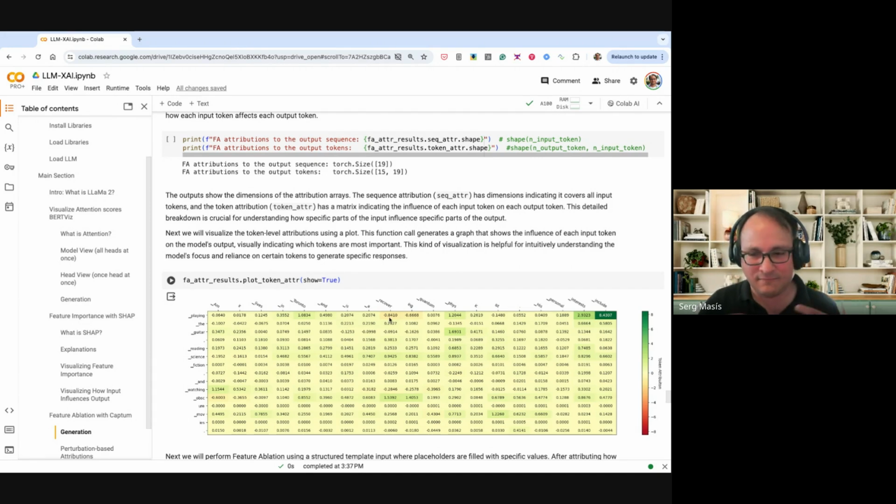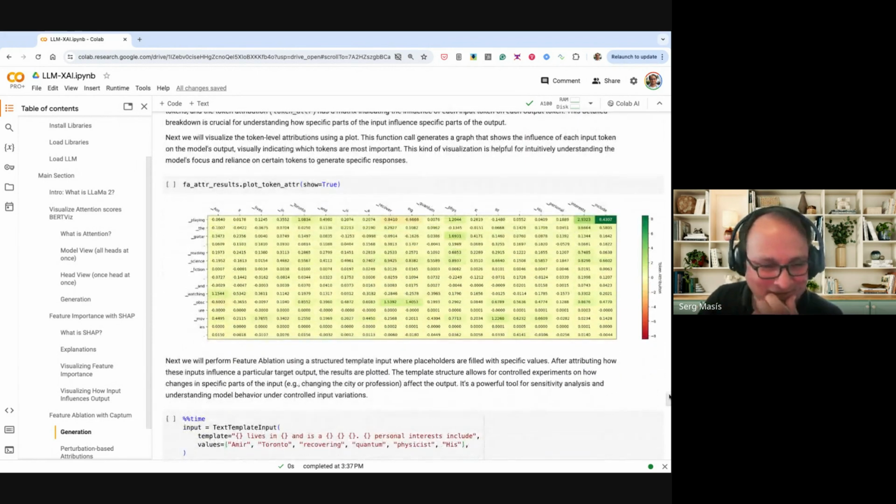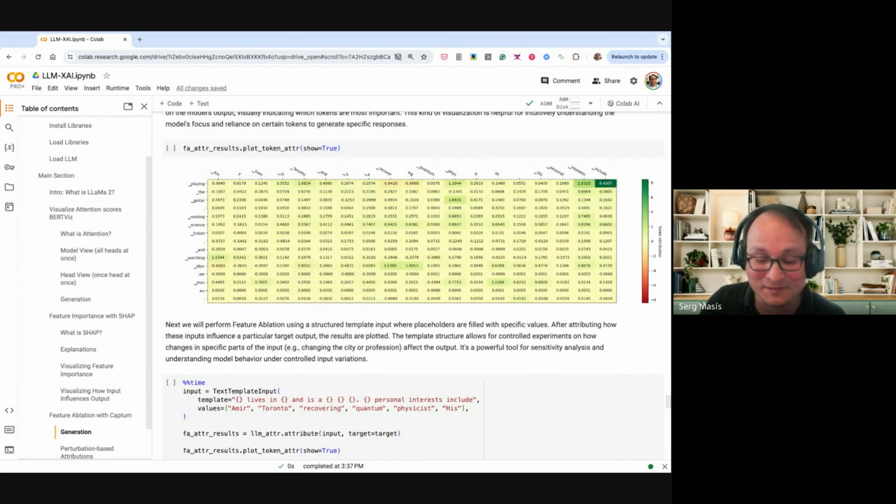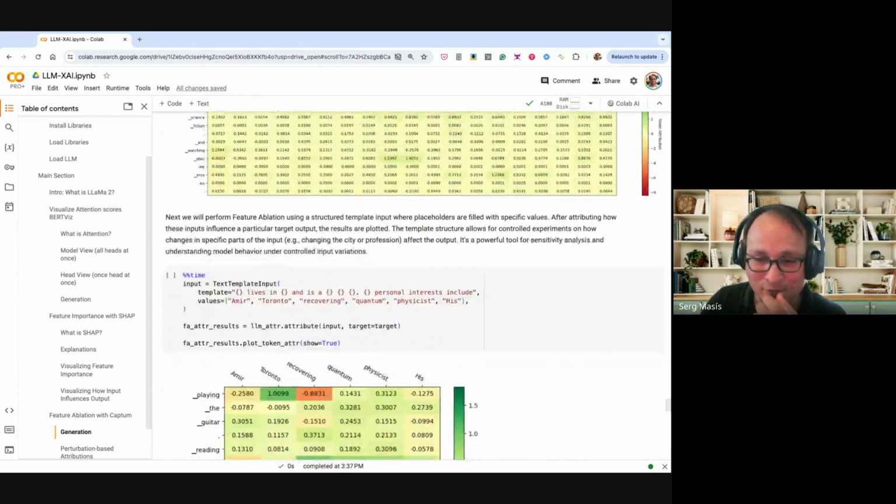Recover is actually negatively connected to playing. I don't know why. Watching and obscure seem to be connected to a certain degree with recover. Obscure with recover is a weird connection. And Toronto to playing, to science and to obscure. I don't know why Toronto has this connection to obscure, but maybe there's some kind of connection there that I'm unaware of.